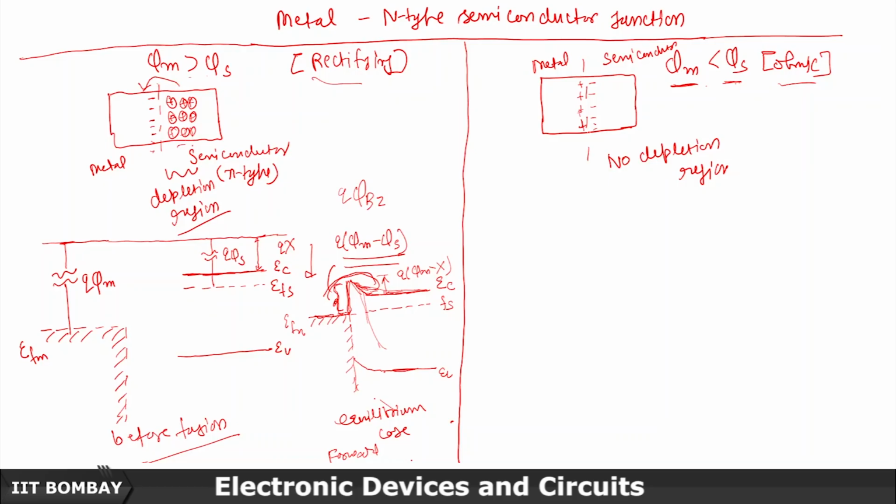So here we have already seen there is no depletion region. Now let's consider the case where we draw these diagrams before the fusion of both the metal and the semiconductor, and then we will discuss the case of thermal equilibrium. Let me draw this one.